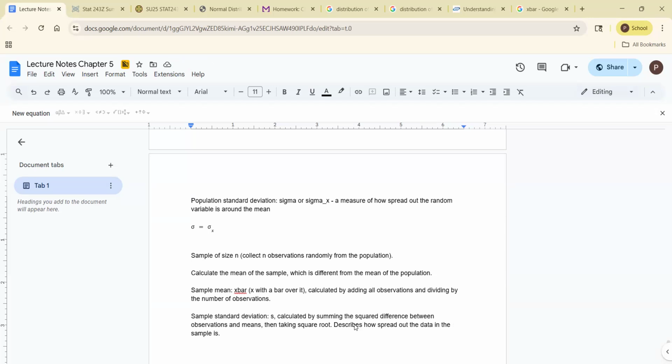Okay. These are for numerical data. We can also look at proportions.